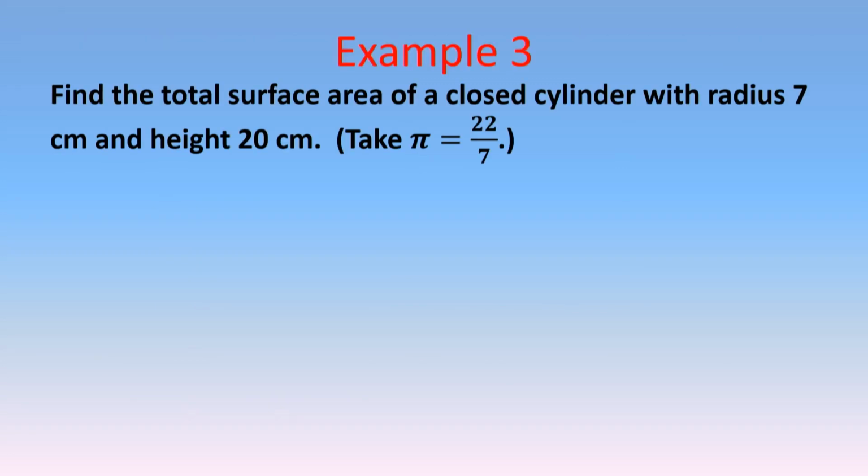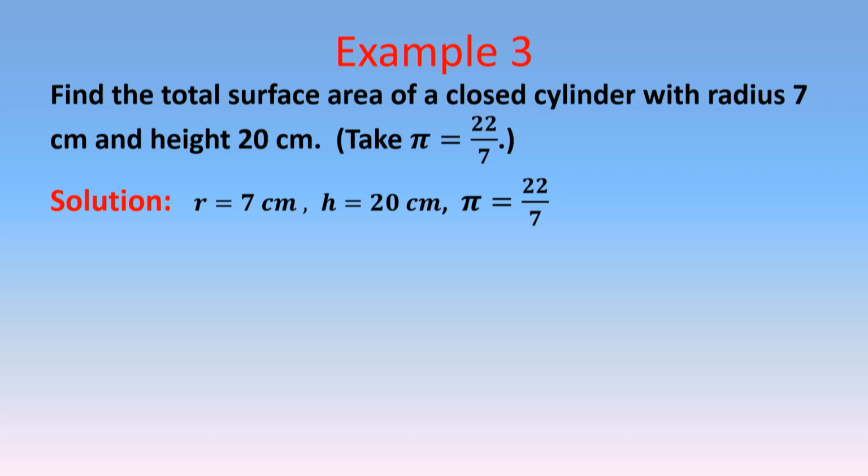Let us consider this example now. Find the total surface area of a closed cylinder. So here it has been mentioned that the cylinder is closed. This means that you will have a circle at the top and a circle at the bottom. So the radius here is 7 centimeters, height 20 centimeters. And we have been asked to take pi as 22/7. So let us have a look at the solution. r is 7 centimeters, h 20 centimeters, and pi 22/7.